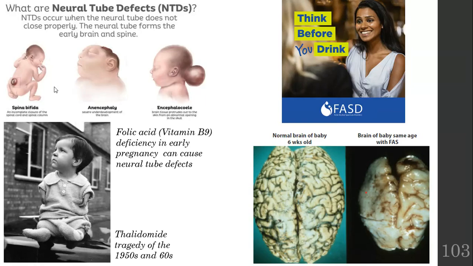There is a sad case out of history in the 1950s and 60s, especially in Great Britain. There was a drug that was being prescribed by doctors to pregnant women to help with morning sickness. So morning sickness occurs for some women, doesn't necessarily have to happen in the morning, but it is nausea, vomiting because of hormonal changes.